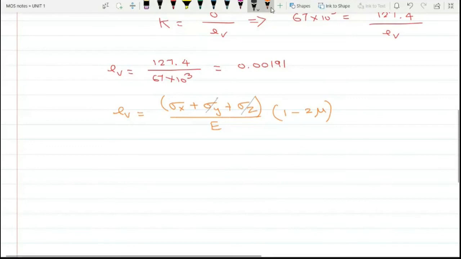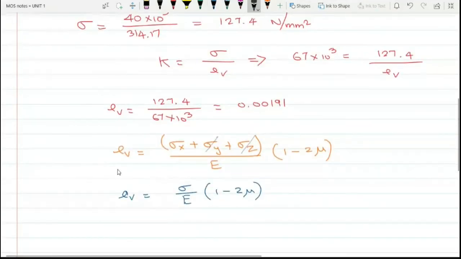So the formula can be written as EV is equal to sigma x by E, that is sigma divided by E, into 1 minus 2 mu. Now, what are the data available here?